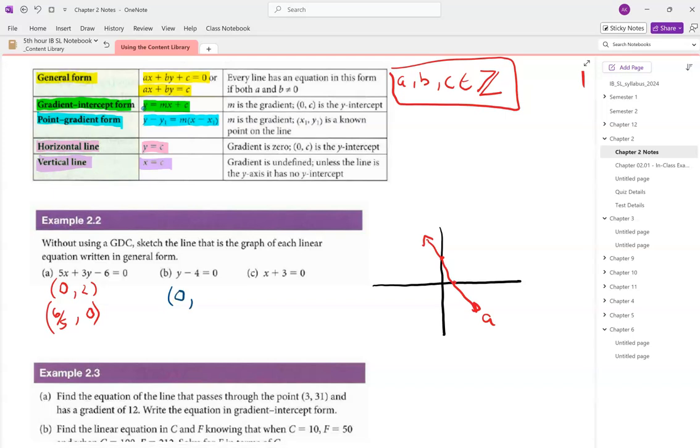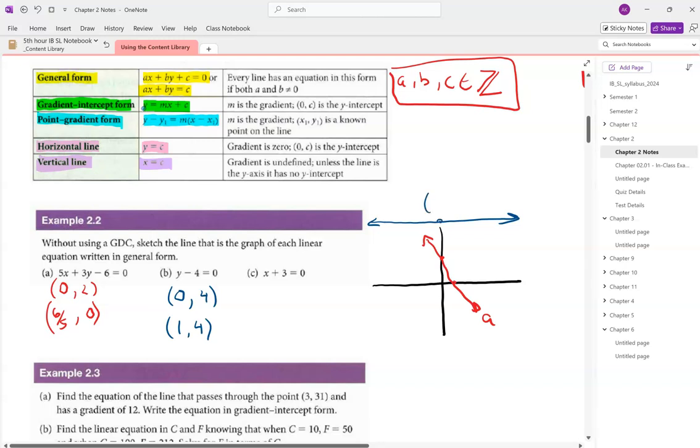What does y have to be? 4. Let's pick another x. Maybe this time we'll pick it to be 1. What does y have to be? Still 4, right? You might have also noticed this is a horizontal line. So just going to go through the point 0, 4.